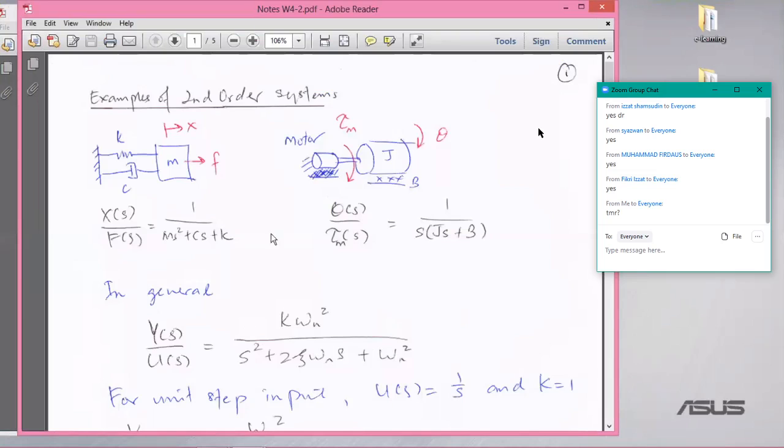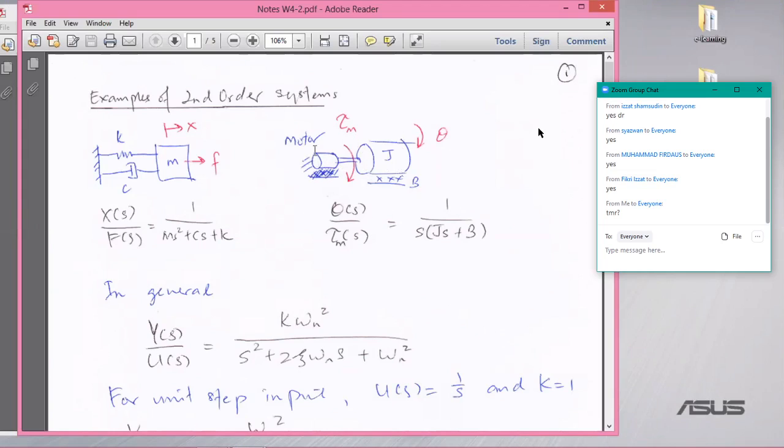Okay, so for example, when you want to turn some inertia, for example a robotic arm using a torque, there is going to be a second order relationship because of Newton's second law. This is the second order relationship between torque and theta.